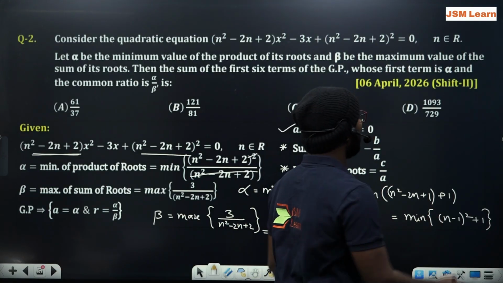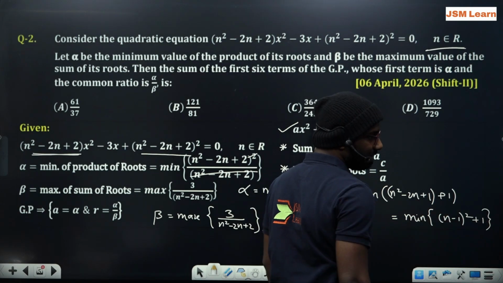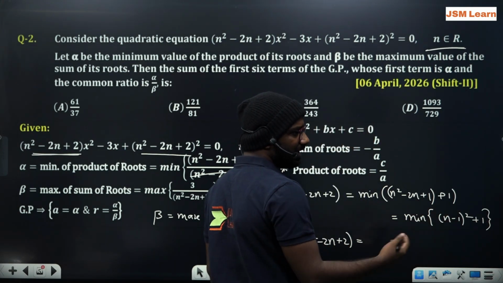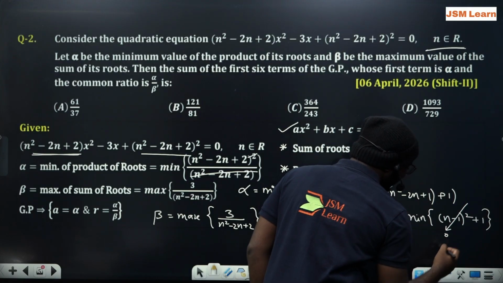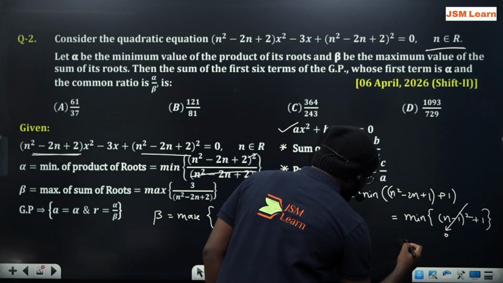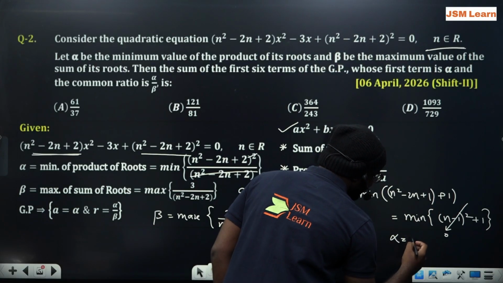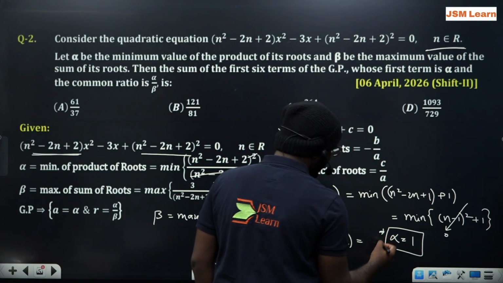So here we have a perfect square plus a constant. Here n belongs to all reals, right? So the perfect square value can be greater than or equal to 0. So here the minimum value is 0, by substituting n is equal to 1. So we got the minimum value of this function equal to 0 plus 1, that is nothing but 1.